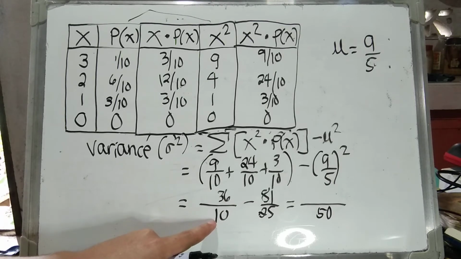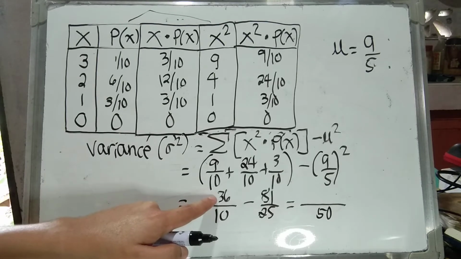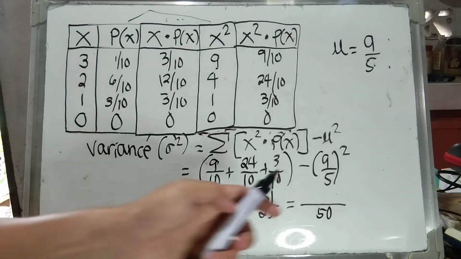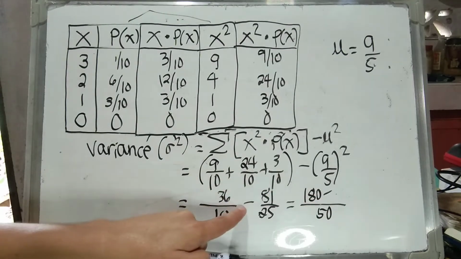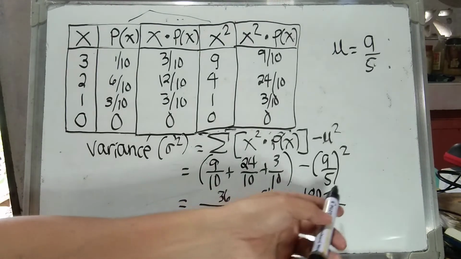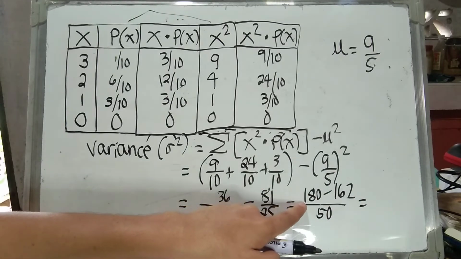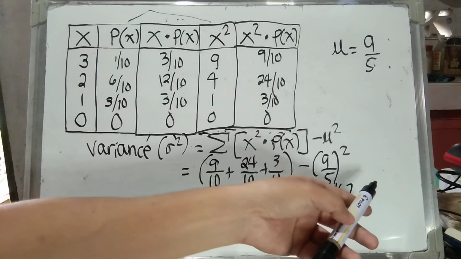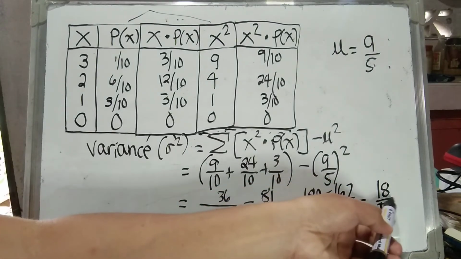So 50 divided by 10 is 5, times 36 becomes 180. Copy the subtraction operation. 50 divided by 25 is 2, times 81 gives 162. Simplifying the numerator, 180 minus 162 is 18 over 50.